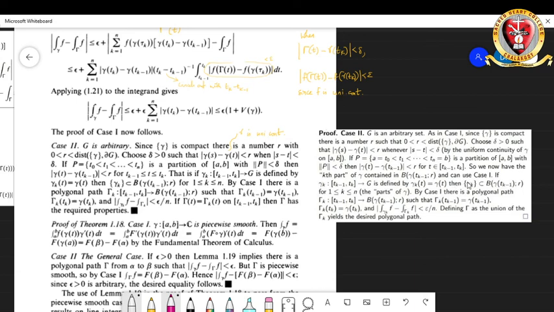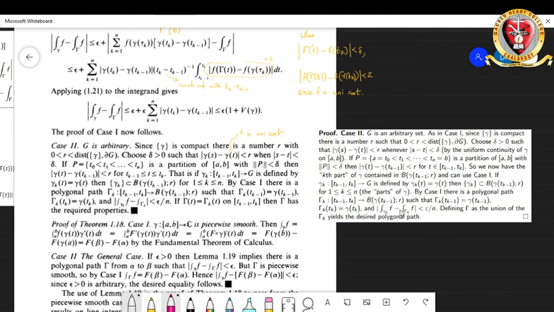That means there is a polygonal path capital gamma k from closed interval tk minus 1 to tk, to the range, the open ball B sitting here, such that capital gamma k of tk minus 1 is equal to small gamma of tk minus 1 and capital gamma k of tk is equal to small gamma of tk.